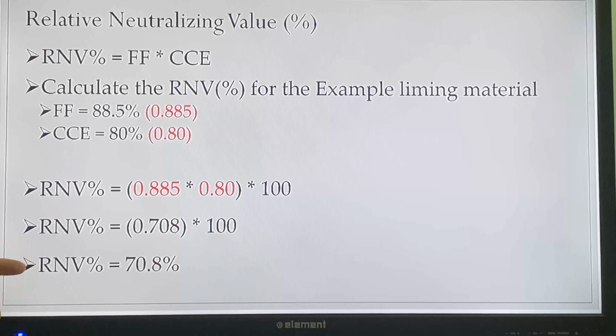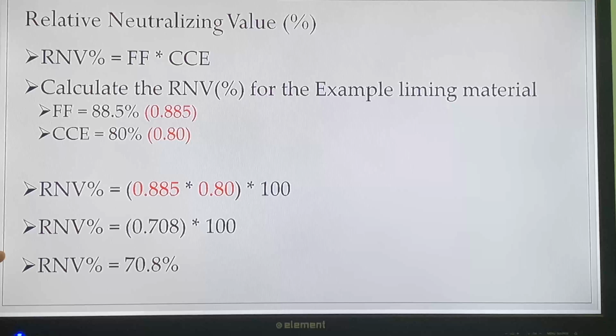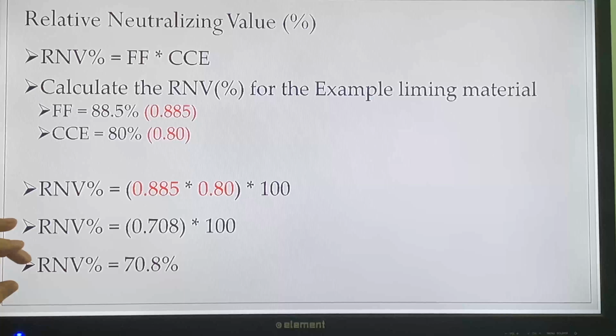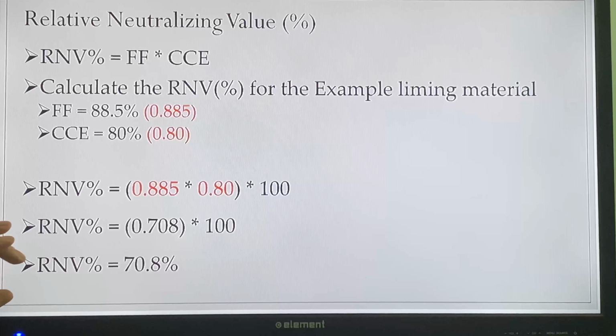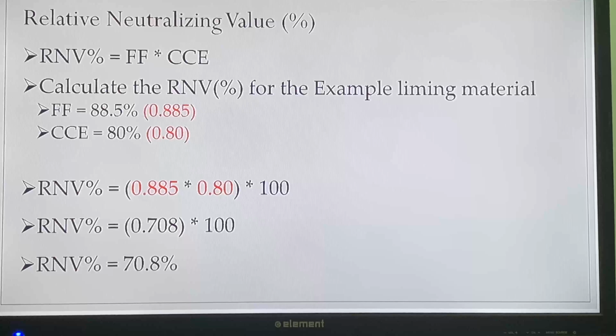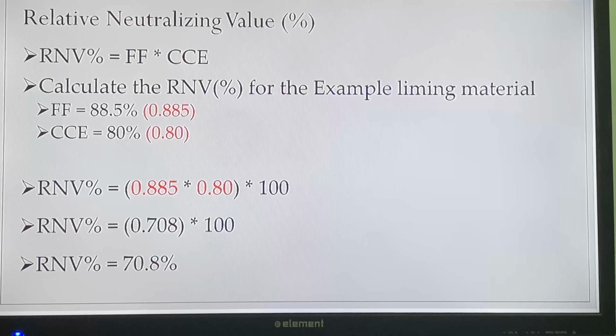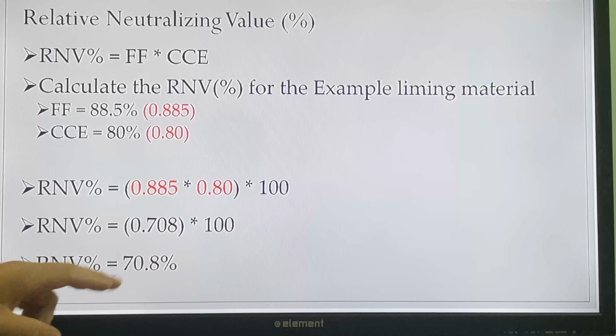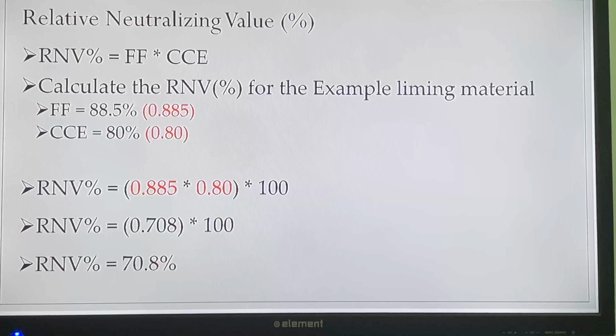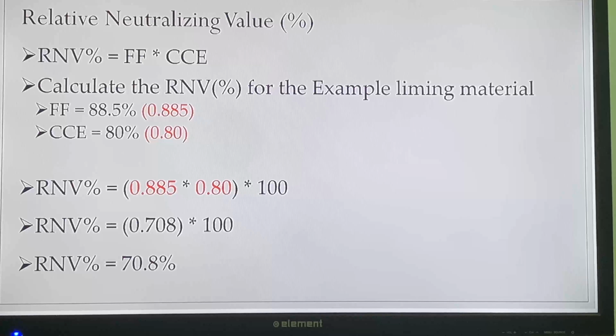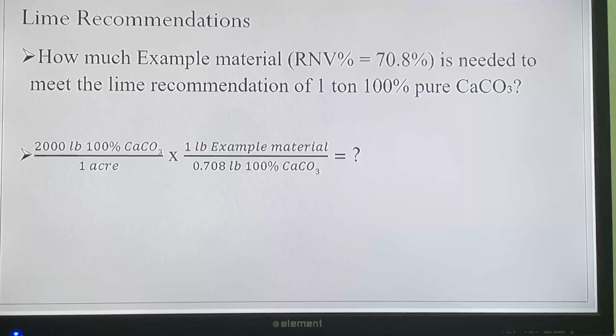So this relative neutralizing value, if we think about our fertilizer calculations, becomes the new analysis of this liming material. So instead of it being 100% calcium carbonate and 100% reactive, it's only 71% 100% calcium carbonate material.